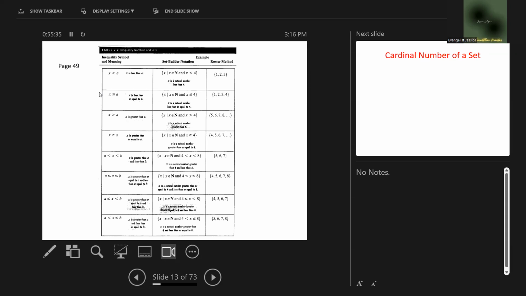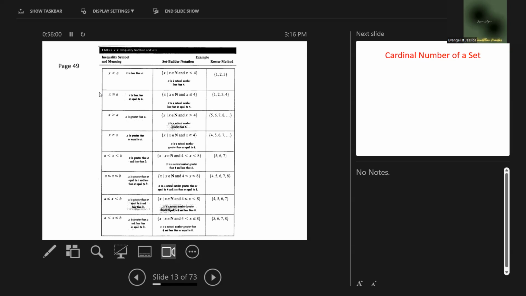The second one, x is less than or equal to a. That's basically the meaning of the inequality. In set builder notation, again, the braces, x such that x is a member of the natural numbers and is less than or equal to 4. Now here, because it says less than or equal, you have number 4 also.